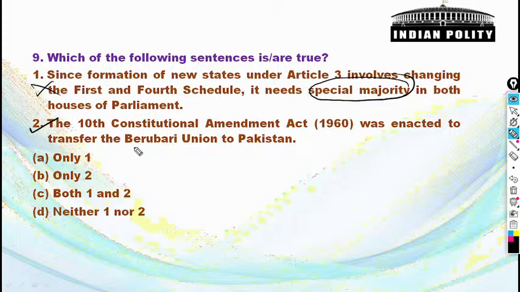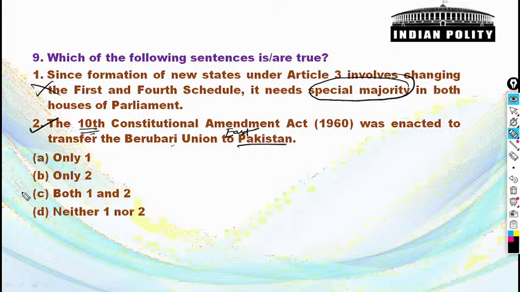So whenever a territory is transferred from India to another country, it is East Pakistan, which is now presently known as Bangladesh. In the 10th Constitutional Amendment Act there was a case, the Berubari case, and the question was whether transferring any territory from India to other countries, cession, will require a constitutional amendment or not.